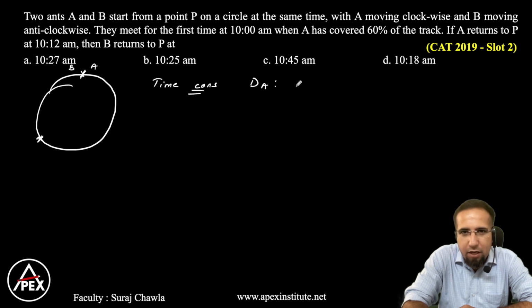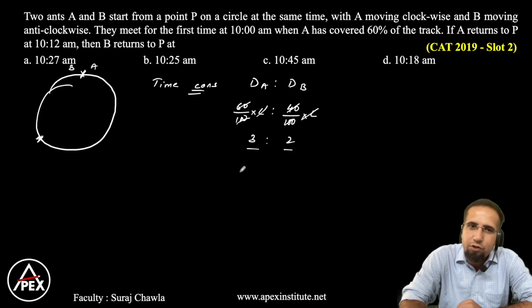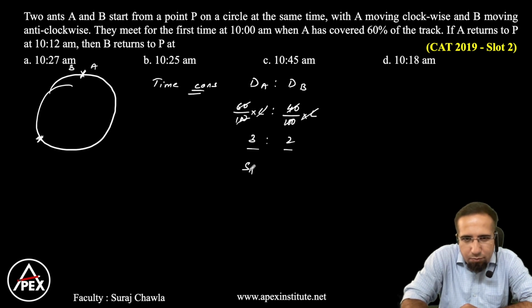Distance covered by A is to distance covered by B. A covered 60% of the length of the track, and B covers 40% of the length of the track. So L gets cancelled, and the ratio of the distances is going to be 3:2. Clear? Which will also be the ratio of their speeds. So the ratio of speeds of A to B is 3:2.